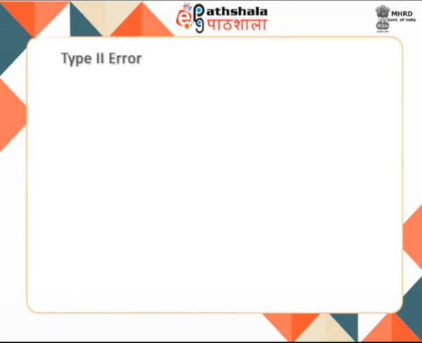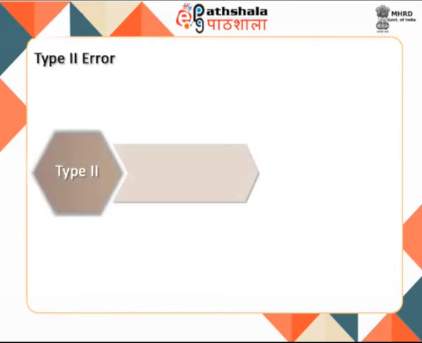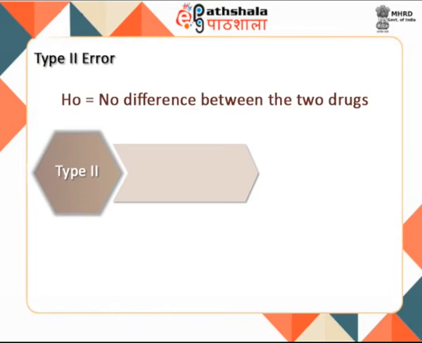Let us take an example to understand type 2 error. In a clinical trial of a new drug, the null hypothesis might be that the new drug is no better on average than the current drug, that is, H naught: there is no difference between the two drugs on average.